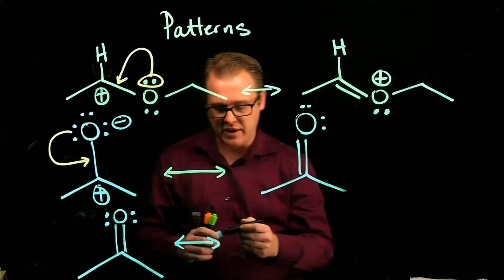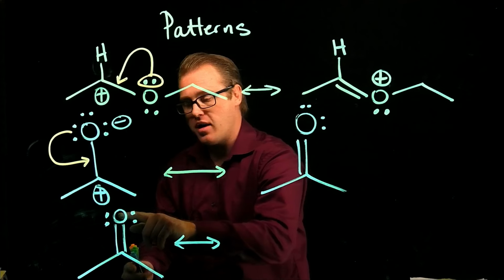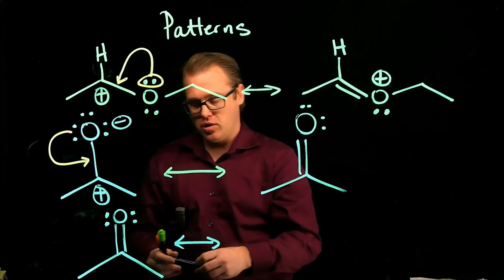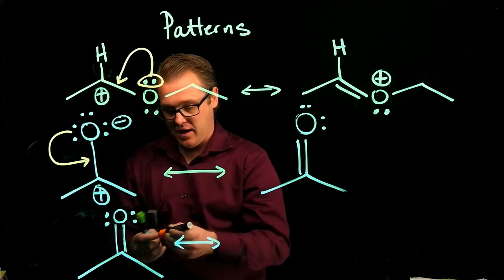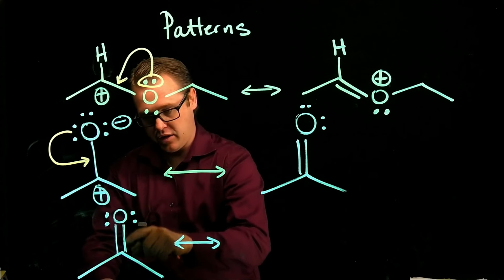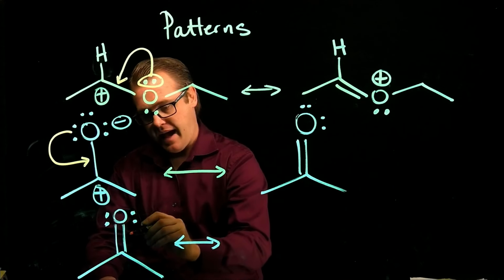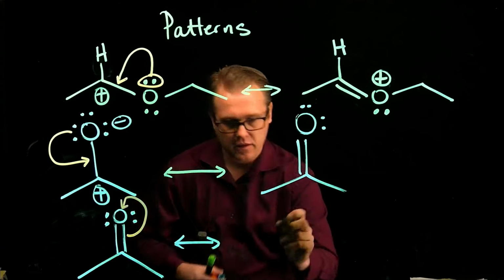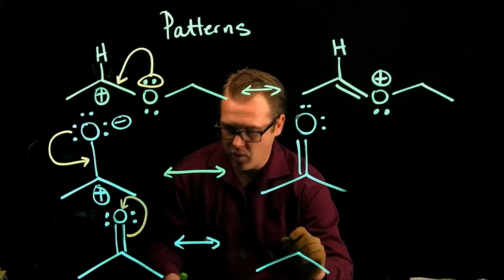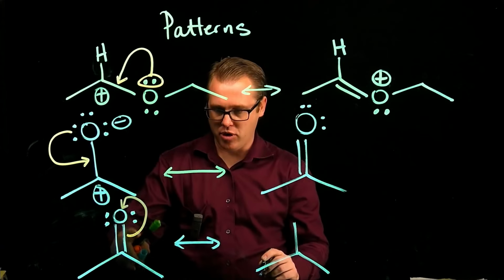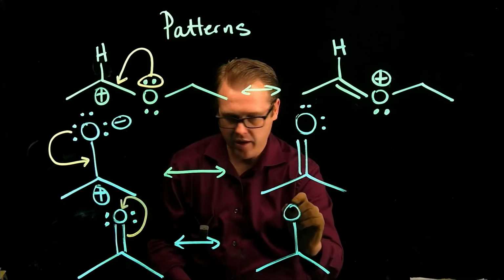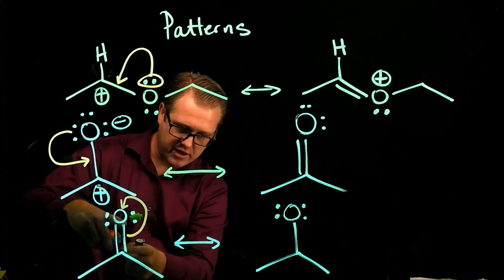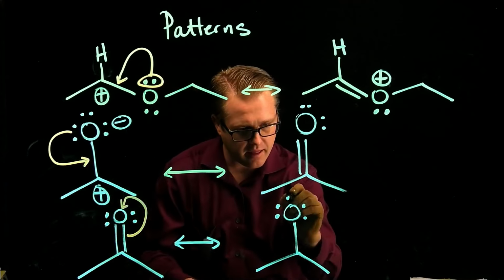So when we look at the electronegativity tables, we can see that oxygen is more electronegative than carbon. So we could take the pi electrons, two electrons in that double bond, and move it to the more electronegative atom. And so we still have the single bond, but we broke the double pi bond there. These lone pairs were already there, but I'm taking two electrons in that pi bond and moving it there.